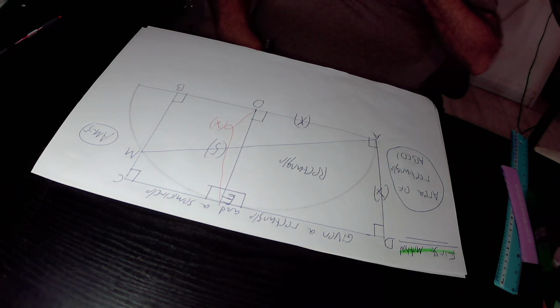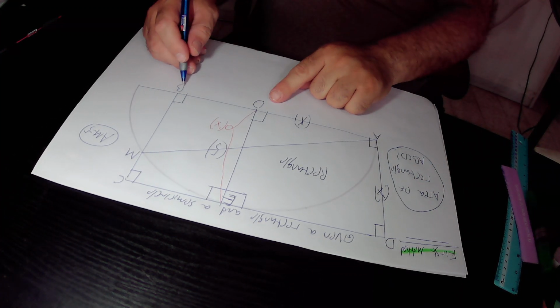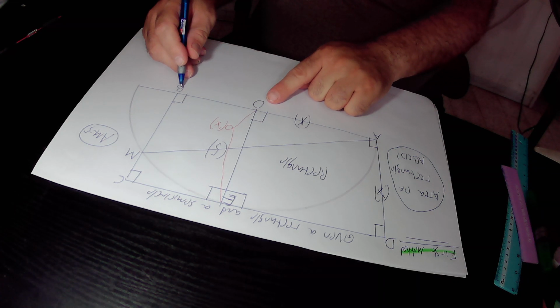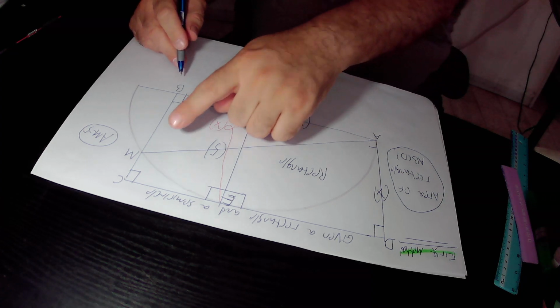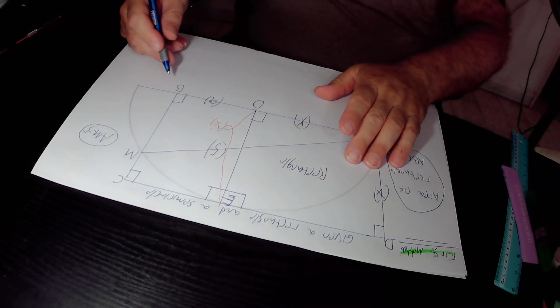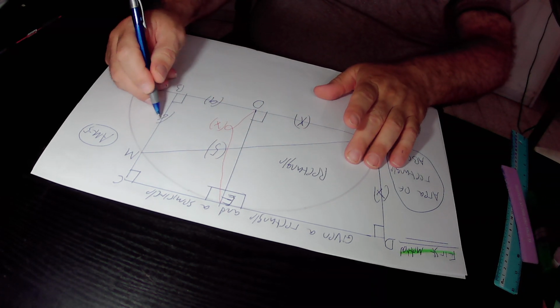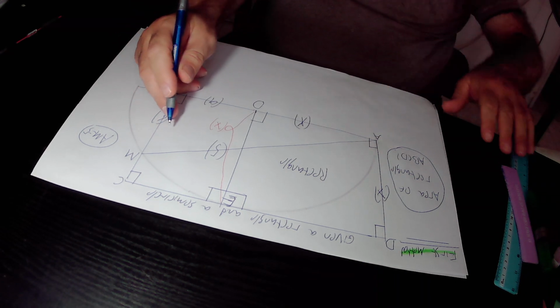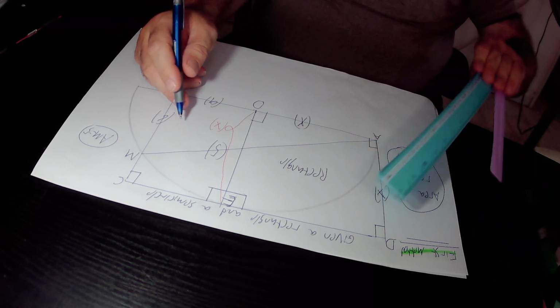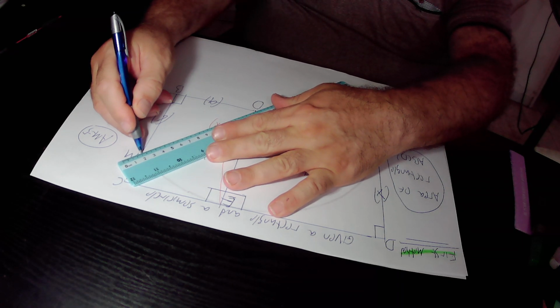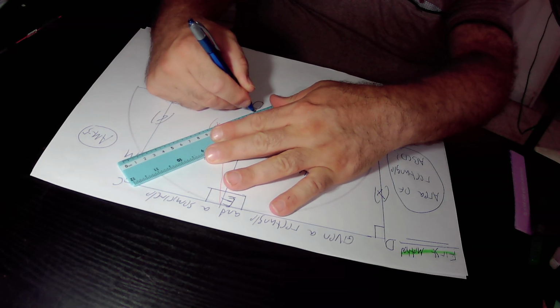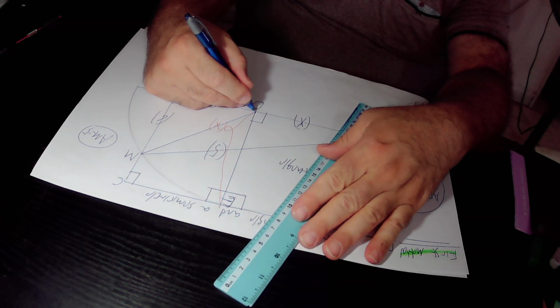In the next step, we define the length of line segment OB as A, and we define the length of line segment MB as B, and we join points O and M together by a straight line. What is the definition of line segment OM?